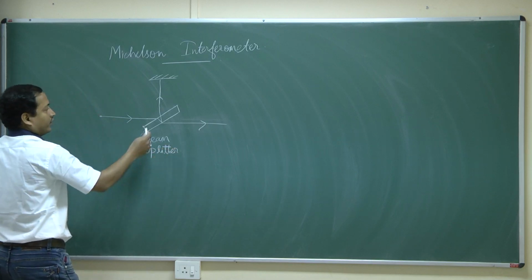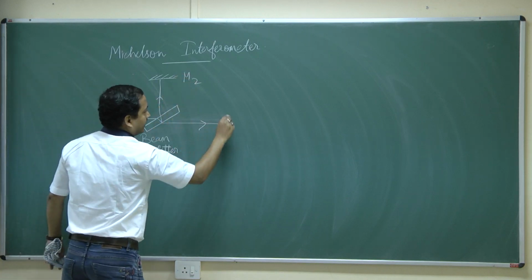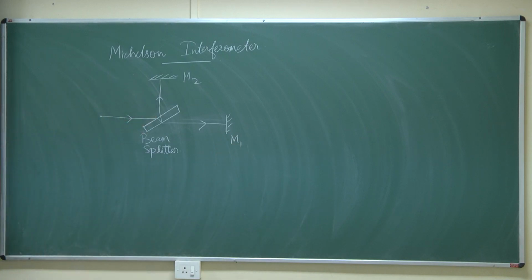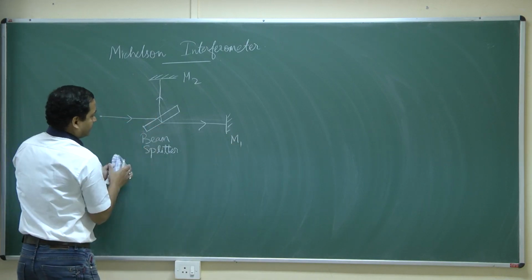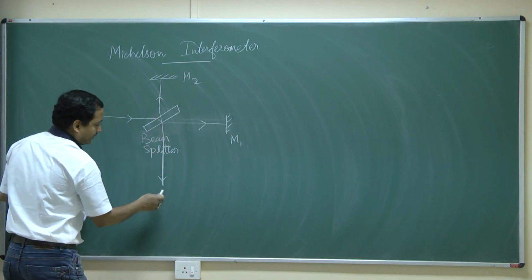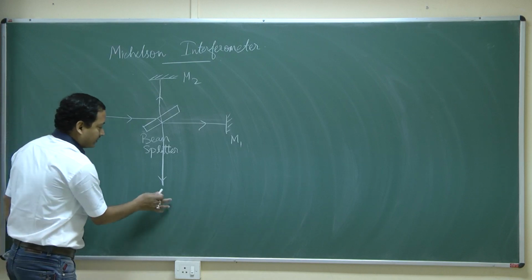And then one of the rays goes to one of the mirrors, which he called M2. There was another ray which was coming towards another mirror, which was M1. And then both these rays get transmitted through, and then we have interference. You can put a lens system here, and you have interference patterns.